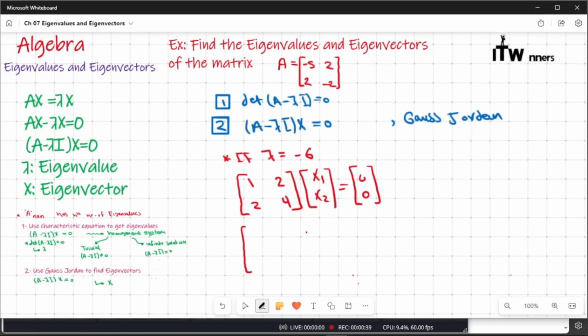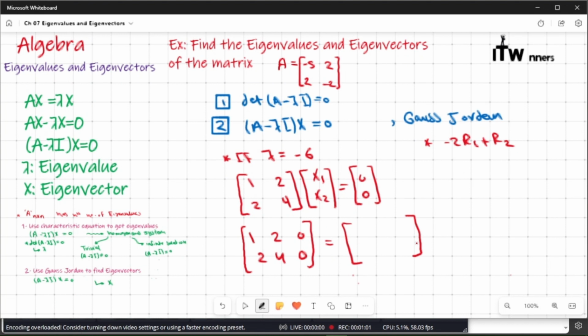So here we have 1, 2, 0, 2, 4, 0. The row operation here is to multiply the first row by negative 2, then add to the second row. So this will be equal to 1, 2, 0. Here we have multiplied 1 by negative 2, then add to 2, so we have 0. Multiply 2 by negative 2, then add to 4, so we have 0.